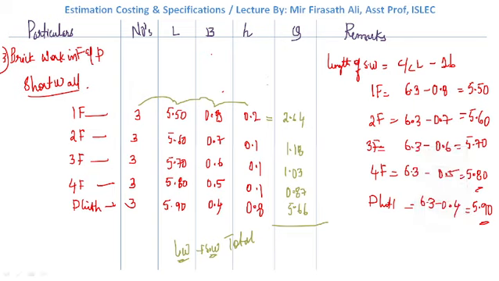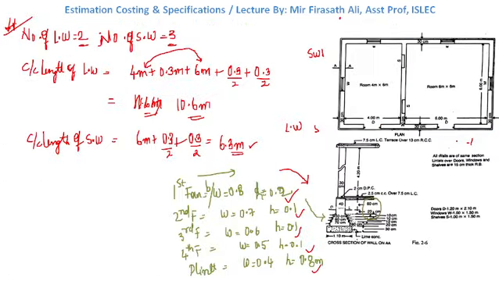Here again we write long wall quantities plus all this. If we add this, we get approximately 26.10 meter cube. This we have calculated.